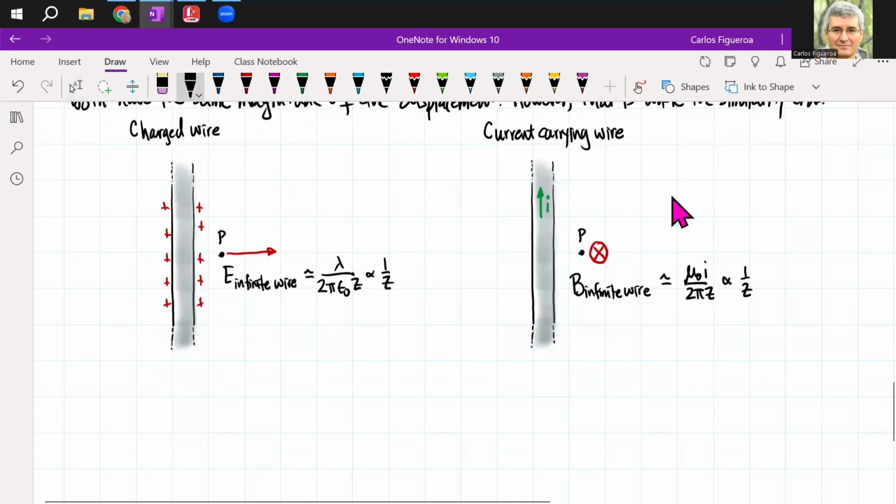In the situation of a charged wire, there are no electric charges that move. They are static.